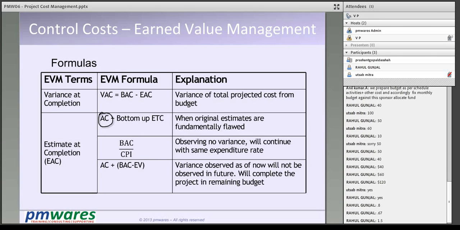Most common scenario is this. At the rate I am going, I will continue with the same rate. Observing no variance, I will continue with the same expenditure rate. It means if I am running at 0.67 efficiency, I will continue with this, and this formula will give me the EAC. So this is 100 divided by 0.67.